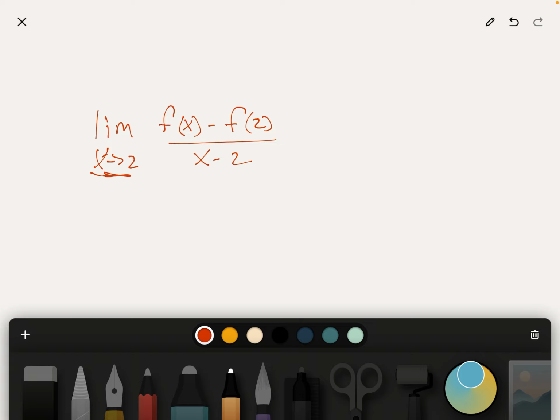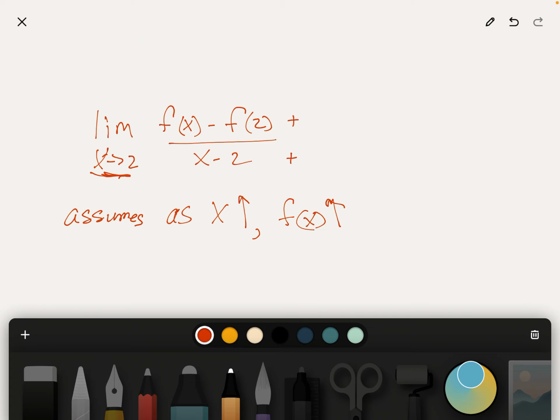I said if x approaches 2 from the positive side, this will be plus and this will be plus, positive and positive. There's an assumption there: that as x increases, f of x increases.